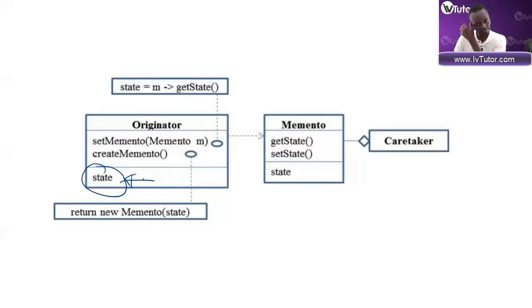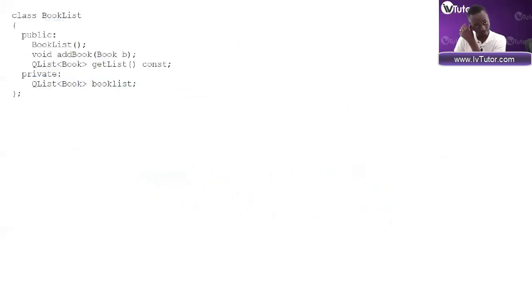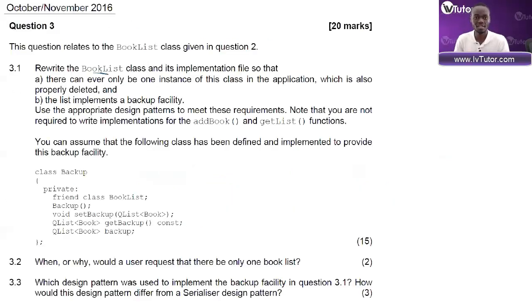If we look at this question here on the screen, you are given the book list class, and they say, modify this class and its implementation file so that it implements a backup facility. There's no other part in this whole course where you talk about a backup facility and it's not Memento, so there's no confusion there.